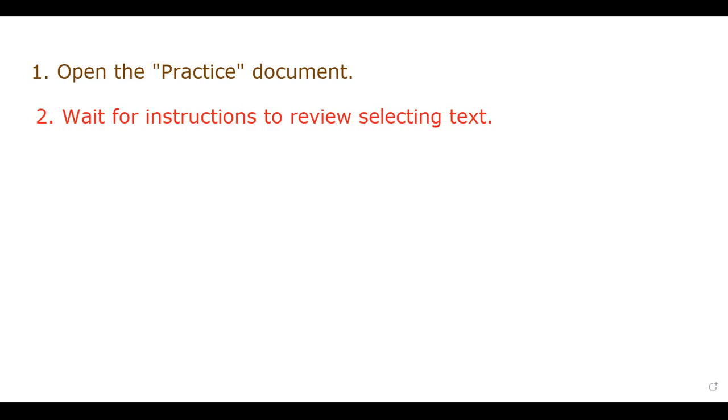Up here is the font group. Right here, this A with an eraser. Put your mouse pointer on that and tell me what it says. Yeah, I see. Here, all formatting.